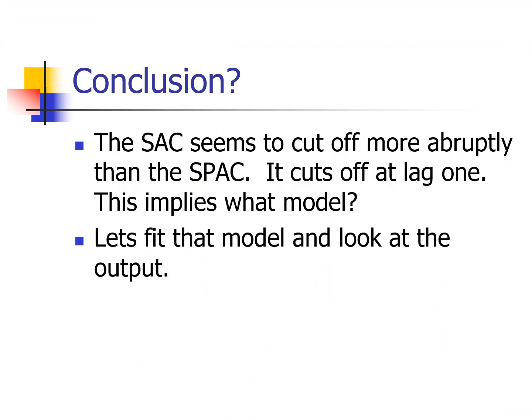Yeah, SAC seems to cut off more abruptly than the SPAC. I'll admit it's a tough one to see. I've been doing this a lot longer than you have. There's nothing wrong with fitting multiple models and comparing them. If we buy into the SAC cutting off at lag 1, that tells us a moving average model of order 1.